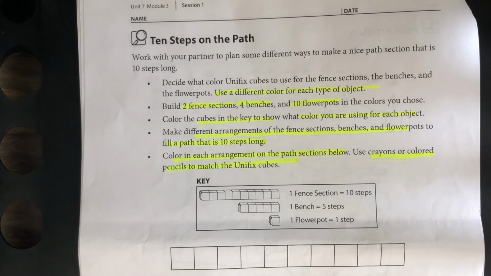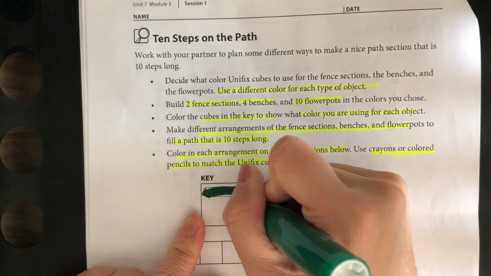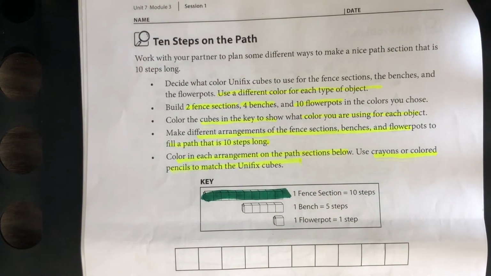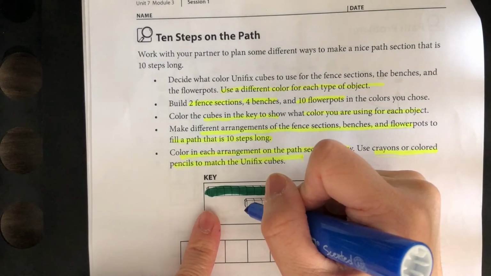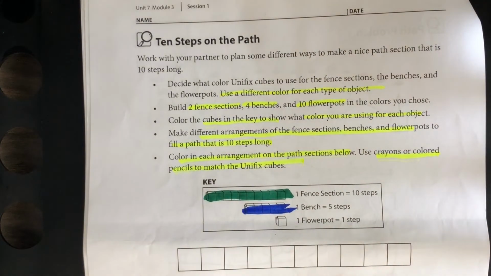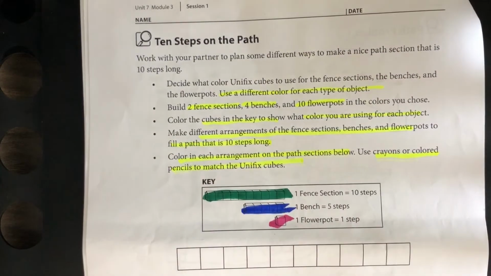So each of these fence sections is going to be 10 steps. So I'm going to make them green. And each of these benches are 5 steps, and I'm going to make it blue. Remember, you don't have to do it just like me, but I'm just showing you an example. And each of these flower pots is going to be pink.